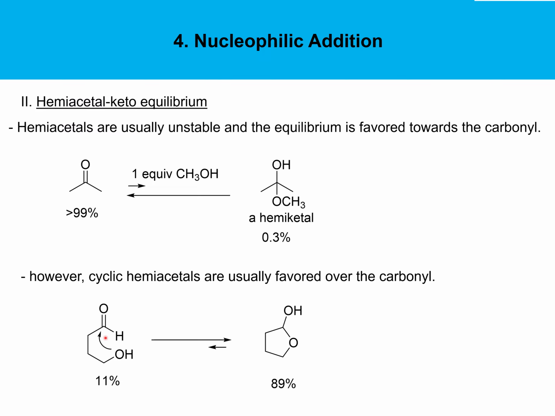If we have an aldehyde and an alcohol that are attached to each other, if we just let them be, the alcohol will add to this carbon, and the double bond here will be turned into an OH when this oxygen is protonated. So we'll pick up a proton from this alcohol. You'll end up with a cyclic hemiacetal. In this example, the product, the cyclic hemiacetal, is favored over the original aldehyde.